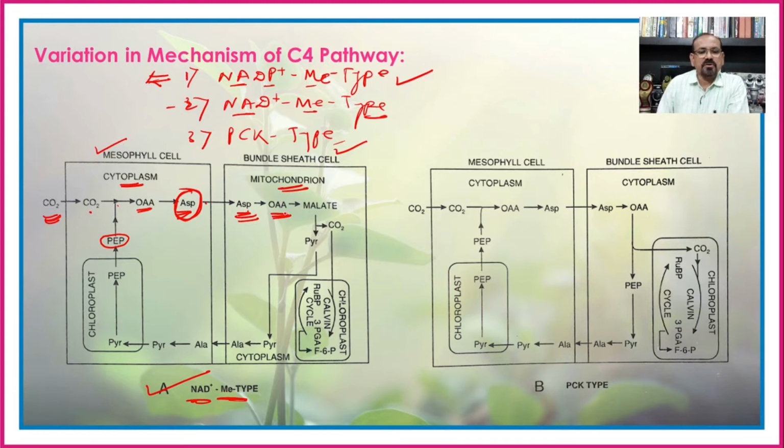And later on, the oxaloacetic acid converts into malic acid, where there is a decarboxylation of this malic acid into carbon dioxide and pyruvic acid. So this carbon dioxide, which is formed after the decarboxylation of the malic acid, is absorbed in the chloroplast of the bundle cell, where it is used in the Calvin cycle that we have seen earlier.